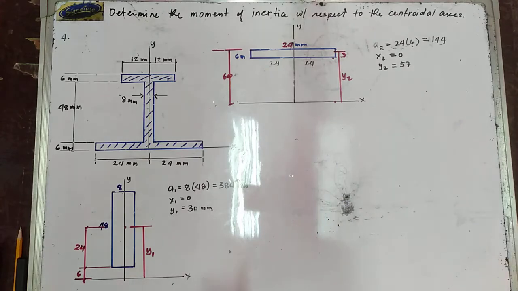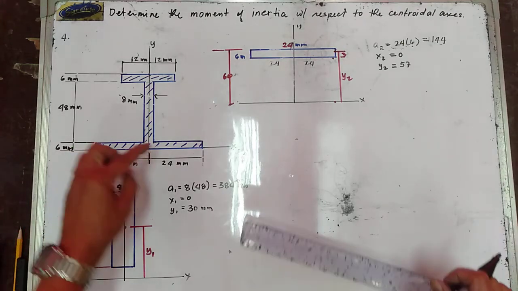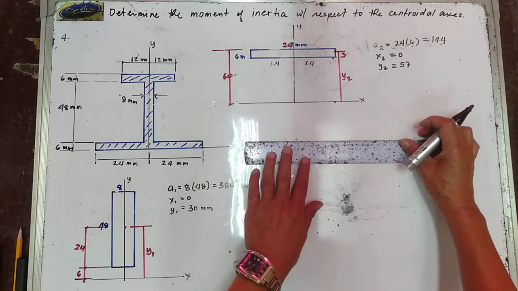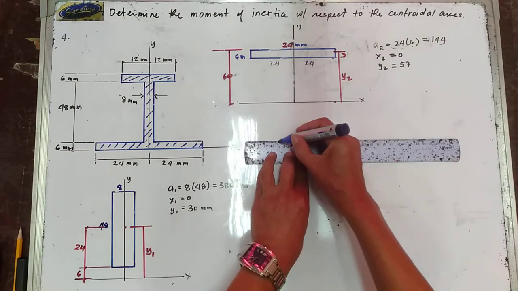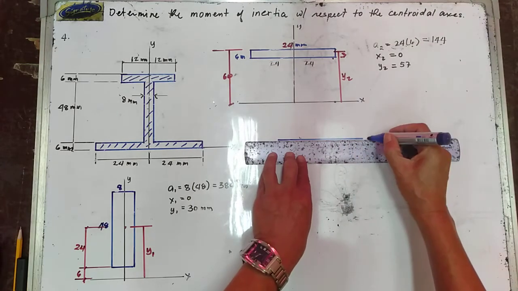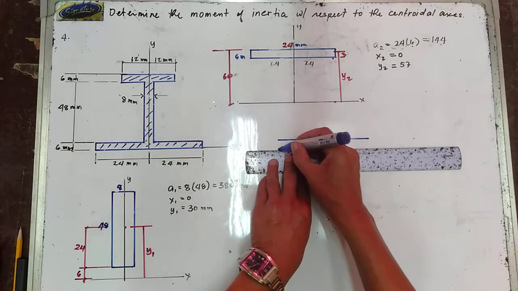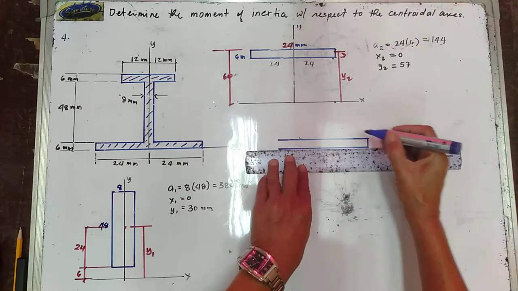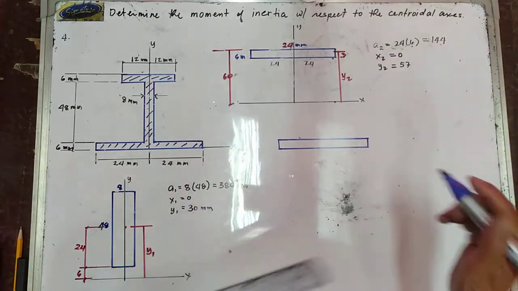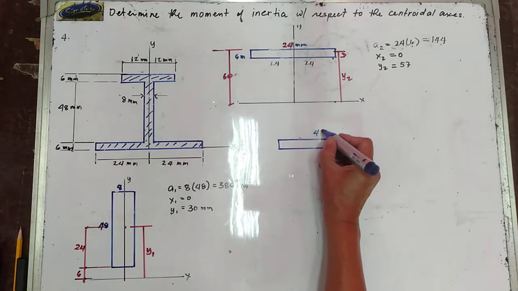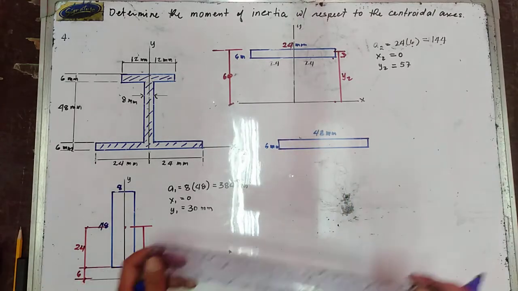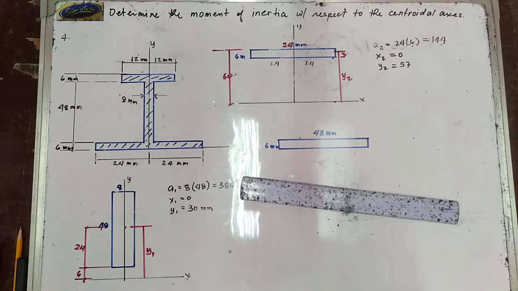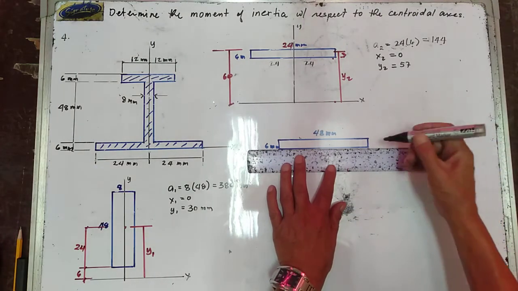Now, let's proceed to our area 3. So this is your area 3. That one is equal to 48 millimeter. This is 6 millimeter. So this is the x-axis.